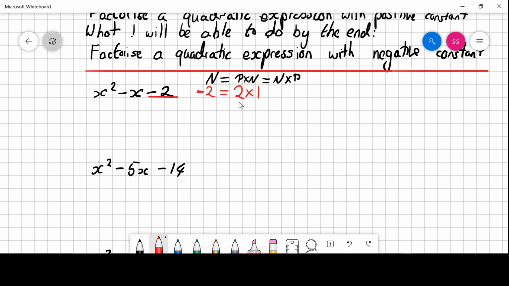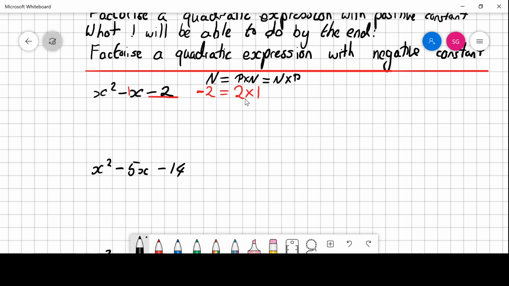Well, in the past one we picked the factorization where the two numbers added together give you the coefficient of the second term. In this situation, it's the two numbers subtracted from one another that give you the coefficient of the second term, which in this case is minus x, so it's really minus 1x.